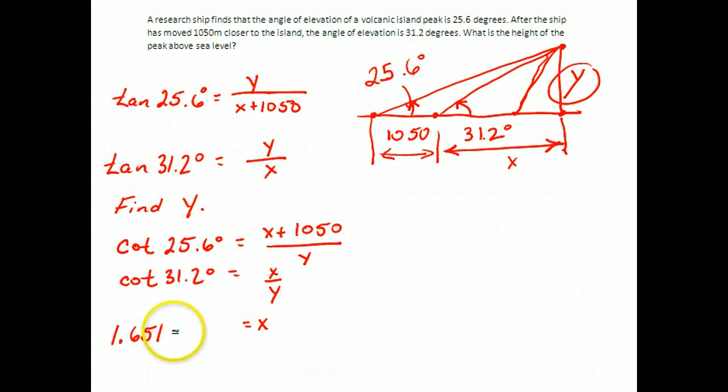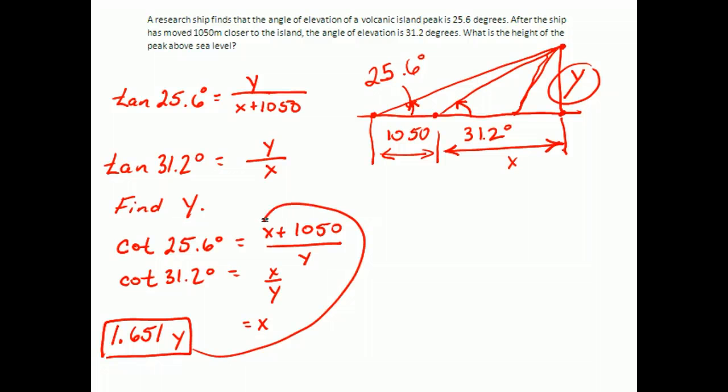And then I'm going to multiply both sides by y. So that's what x equals. Now I can substitute it into x. I found x by itself, so this will all be in terms of y, and I can solve for y.